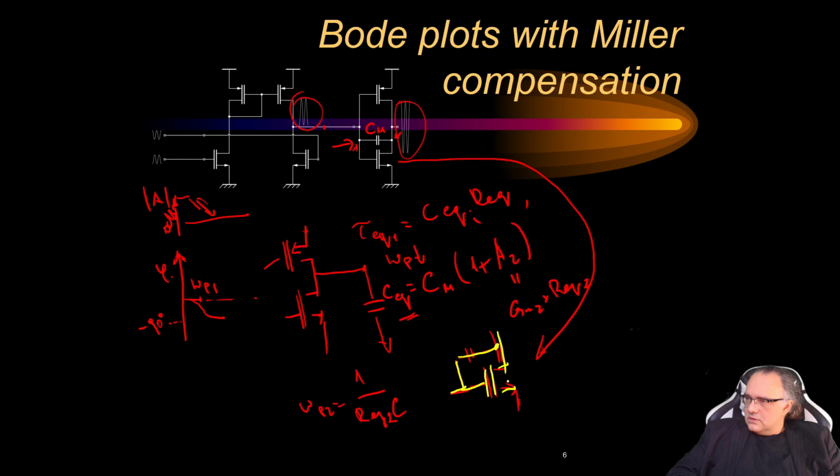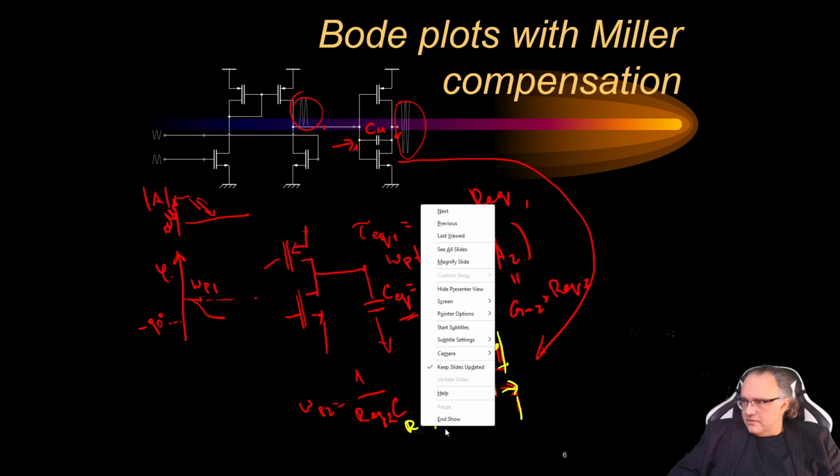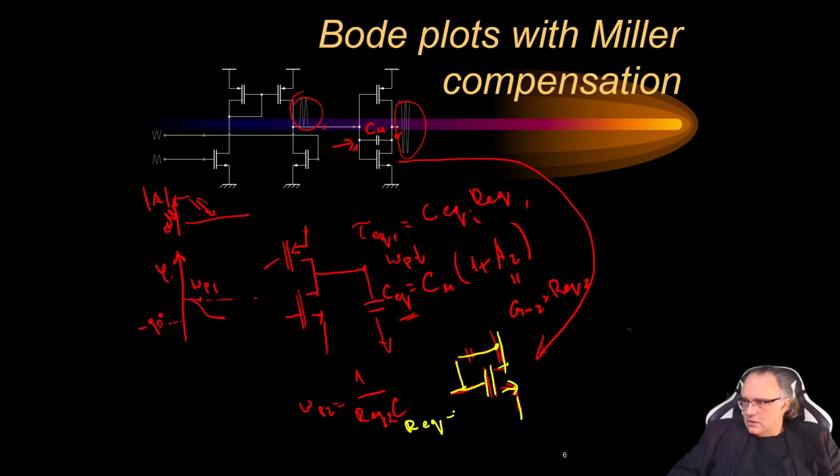And now this configuration looks like a diode connected transistor. So this R equivalent goes actually as 1 over gm, because this is the impedance of a diode connected transistor. The same is valid also for the PMOS transistor, by the way.